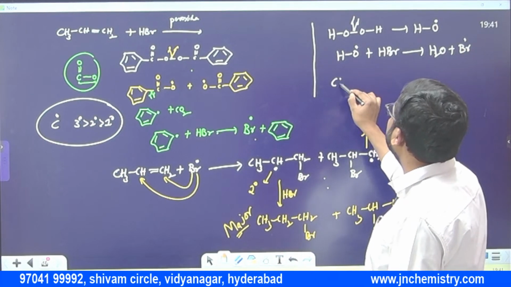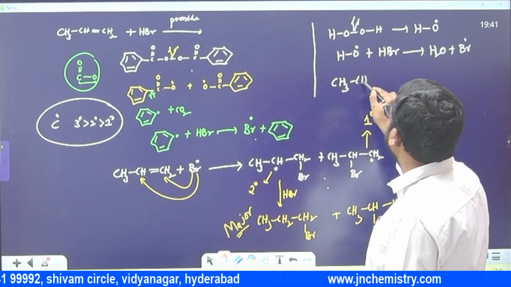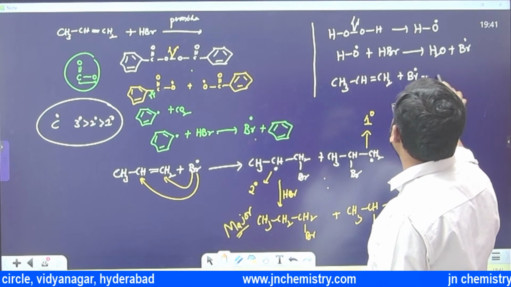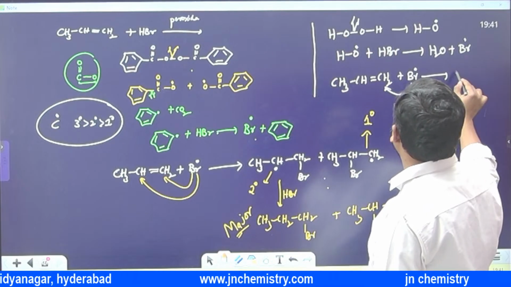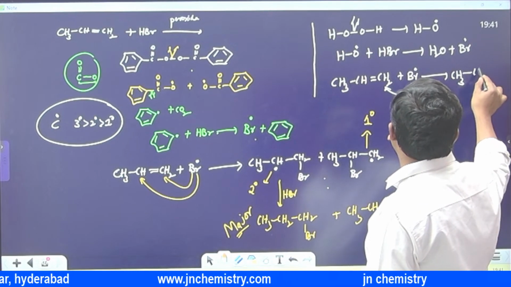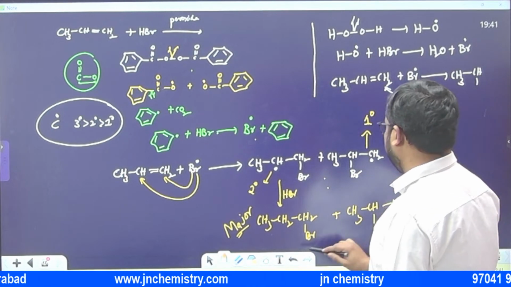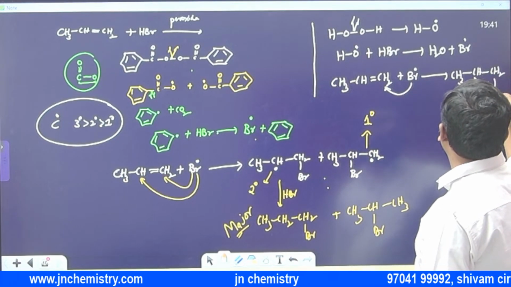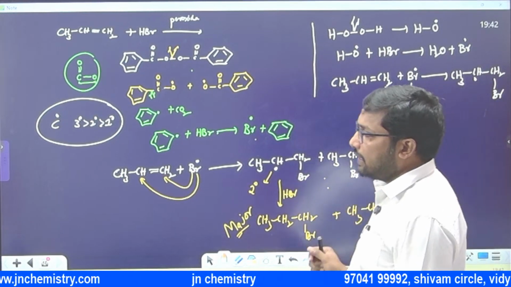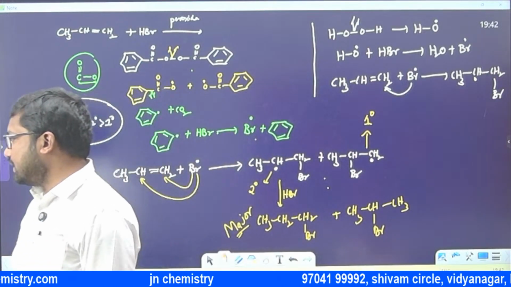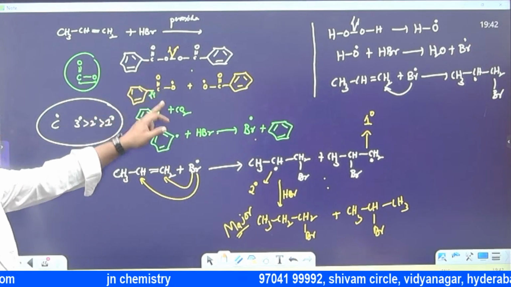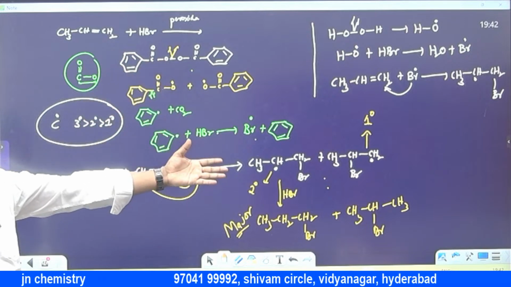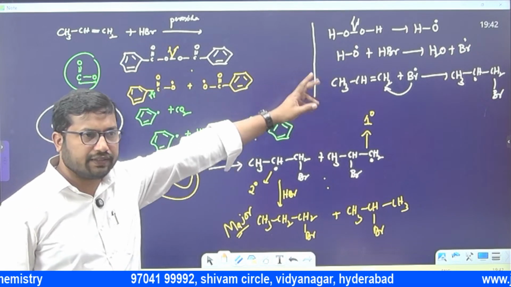This Br radical attacks the alkene at the first position. Okay, like that. This is a shortcut method. In the NCERT they gave this benzoyl peroxide, that's the reason we used to do it. Otherwise, in competition examinations we can use this.